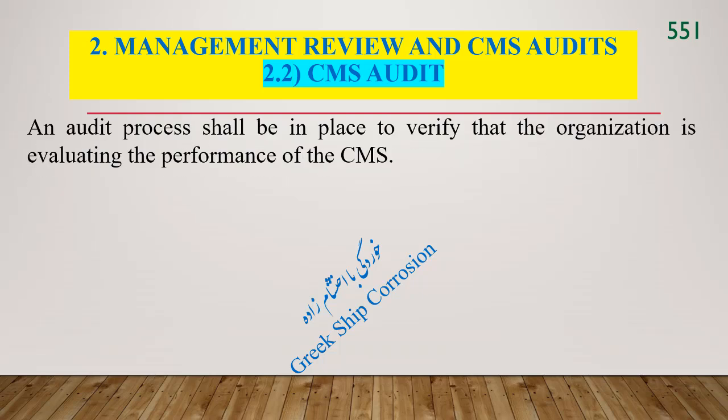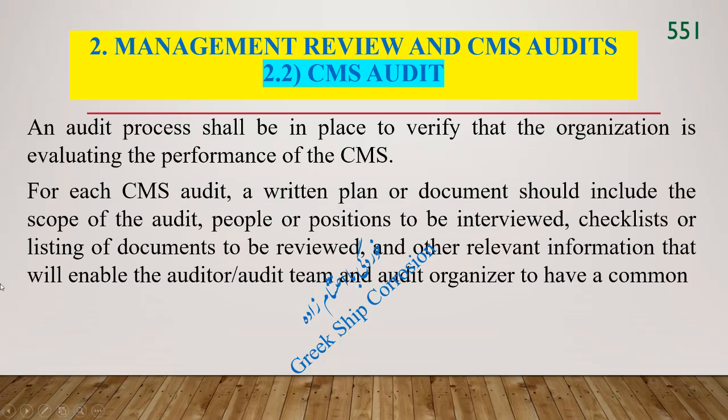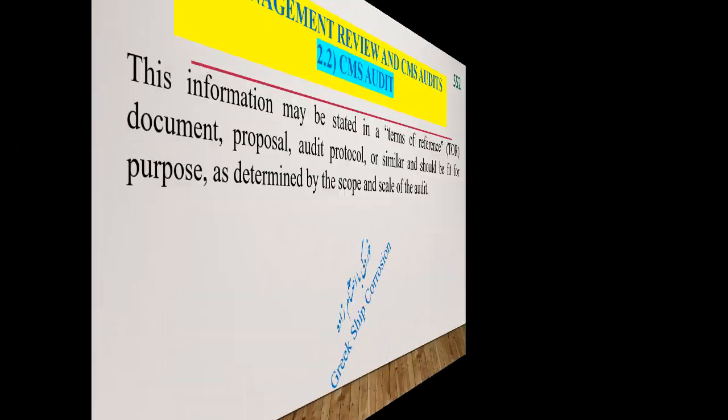CMS Audit. An audit process shall be in place to verify that the organization is evaluating the performance of the CMS. For each CMS audit, a written plan or document should include the scope of the audit, people or positions to be interviewed, checklists or listing of documents to be reviewed, and other relevant information that will enable the auditor, audit team, and audit organizer to have a common understanding of the audit's purpose.